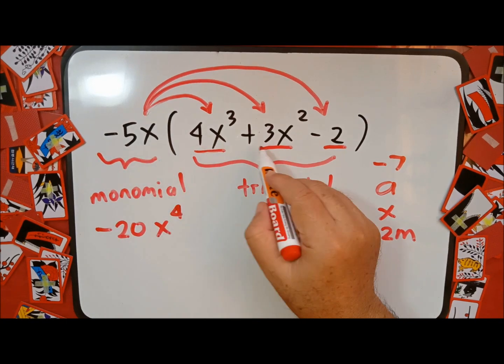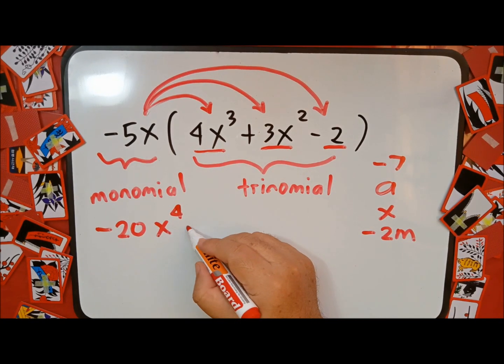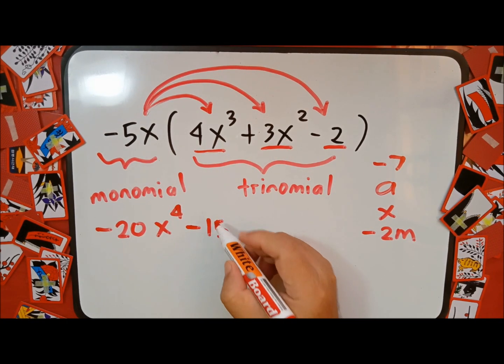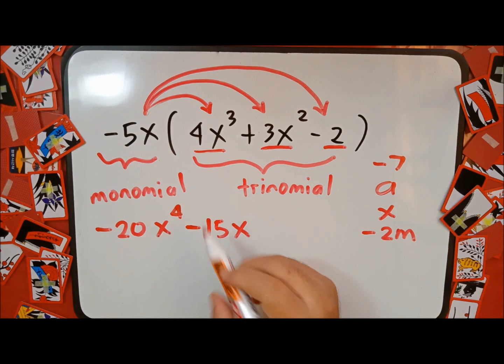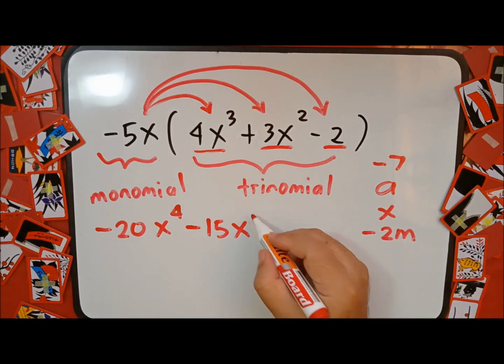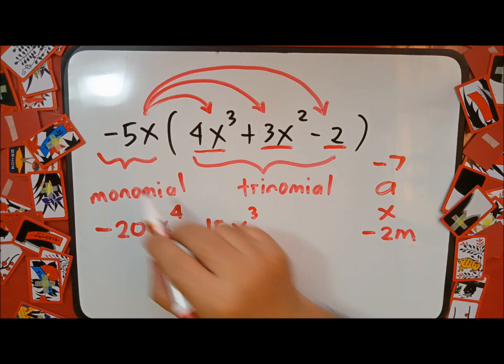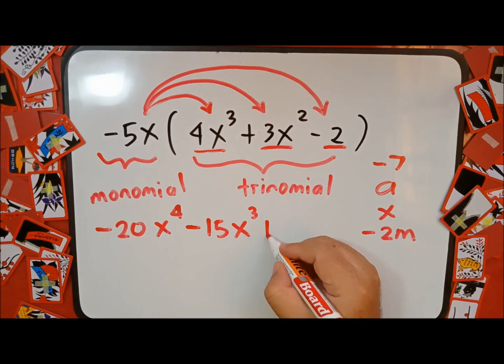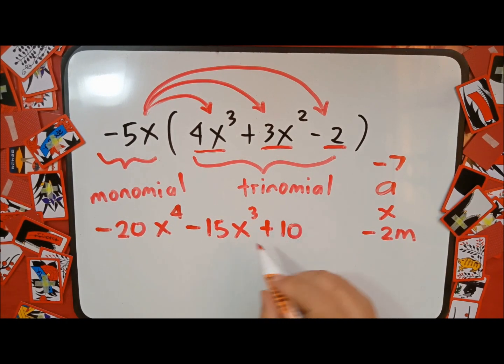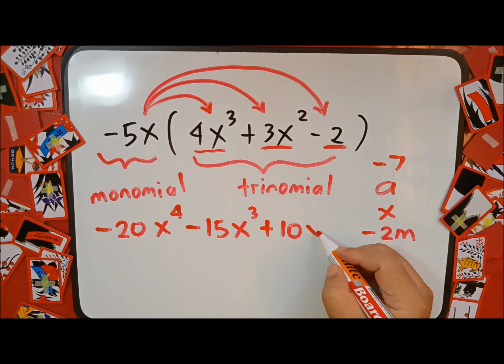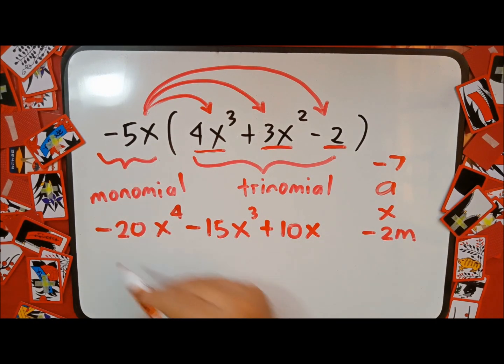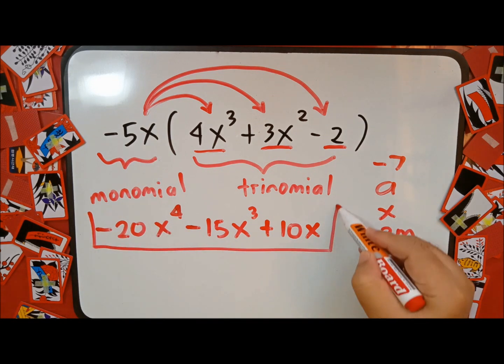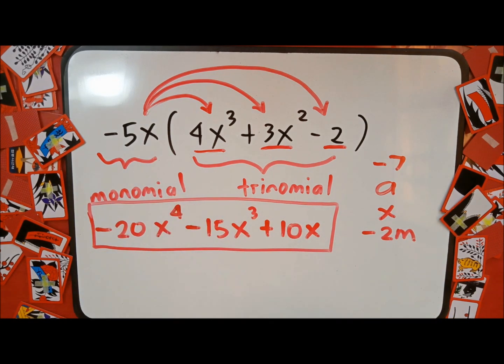Then negative 5 times positive 3 is negative 15. Copy the x variable. 1 plus 2, cubed. Negative 5 times negative 2, 10. Then x will remain as is. So this will be your final answer. Okay?